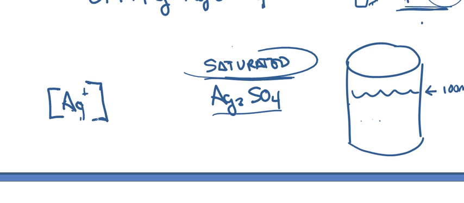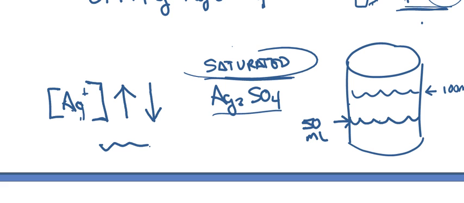Well, let's just say the silver ions. If I allow this to be exposed to the atmosphere, and the volume goes from 100 milliliters to 50 milliliters, what's going to happen to the concentration of the silver? Will it go up, down, or no change?